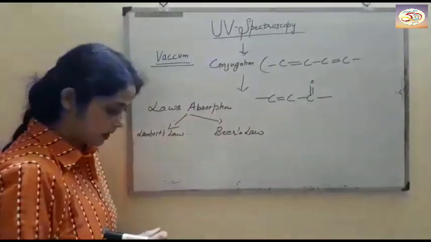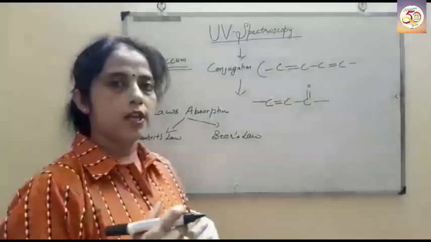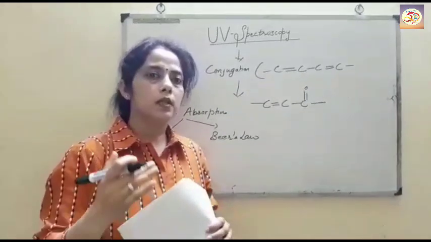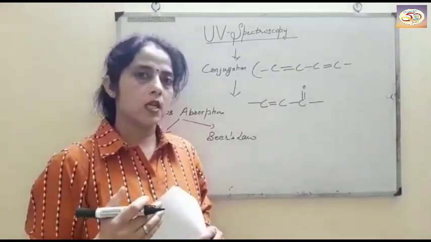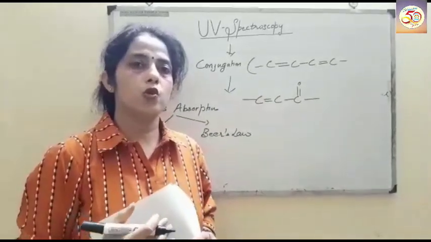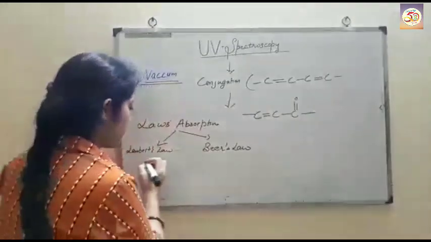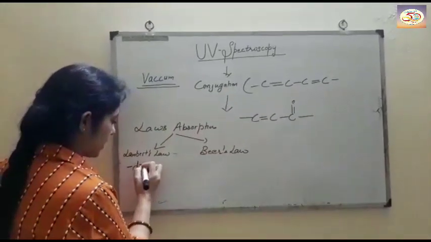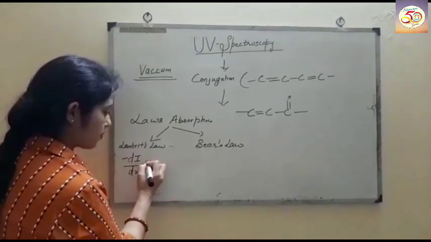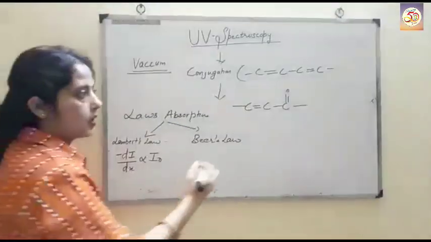What does Lambert's law say? Lambert's law says that when a beam of radiation passes through a homogeneous medium, the rate of decrease of intensity of the radiation with thickness of medium is directly proportional to the intensity of the incident radiation. Mathematically, that is -dI/dx is proportional to I.